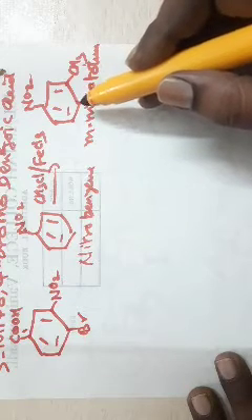You may remember I have explained what is meant by ipso attack. In ipso attack, the substituent-bearing carbon is attacked by the electrophile and we get various products. And after that, we discussed what is meant by ortho effect.